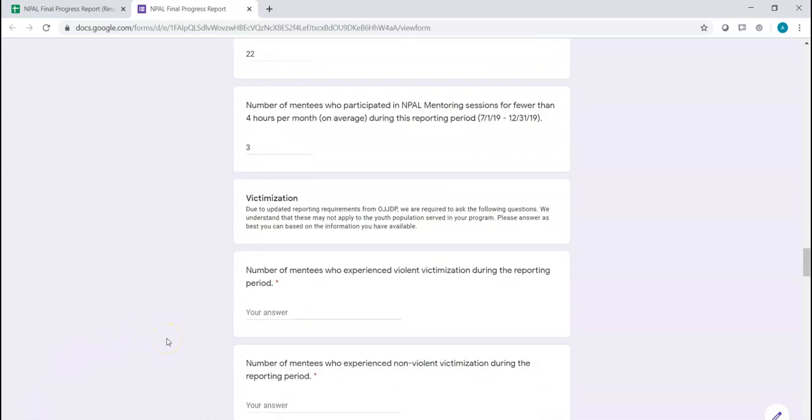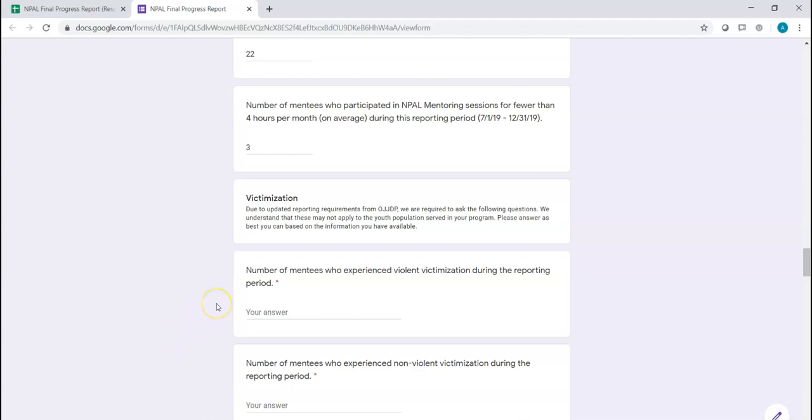These next set of questions have to do with victimization, so serving youth that have experienced some kind of victimization. This is a new thing that OJJDP is requiring that data be collected on for programs that they fund.